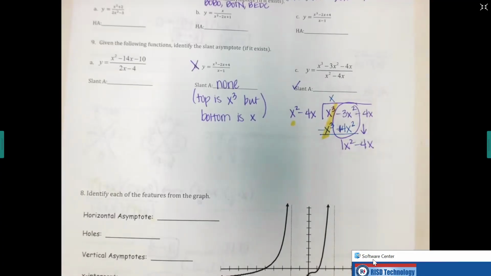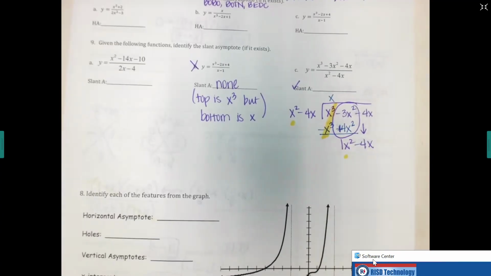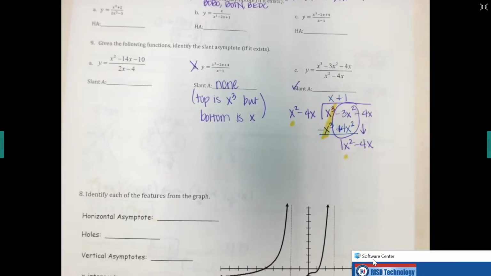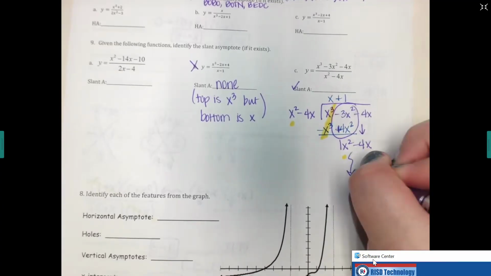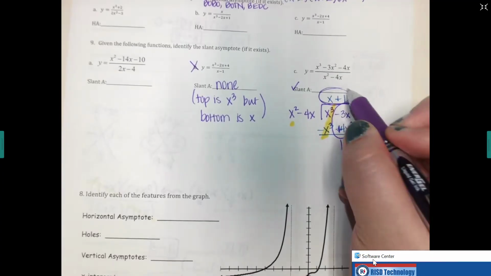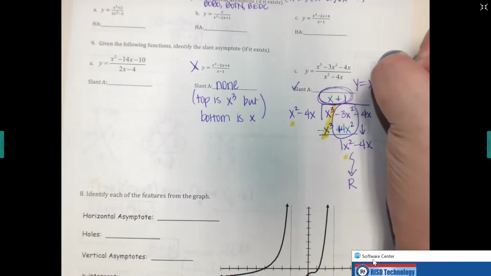Then I would ask myself again, what would I times my x squared by to perfectly match a 1x squared? Plus 1. And then you're done, because remember, you don't actually need the remainder. Okay, you could keep going, but the answer is this part here on the top. So your slant asymptote would be y equals x plus 1.